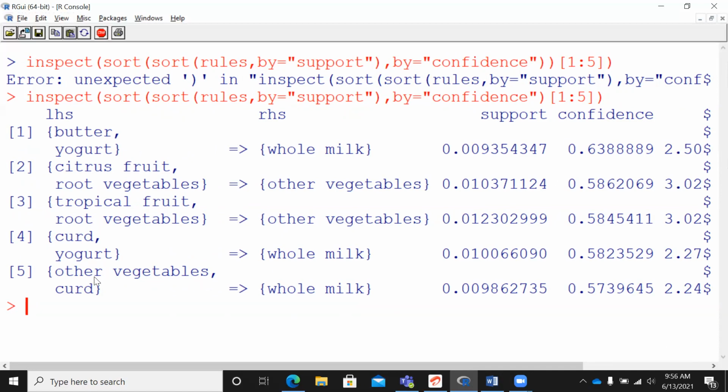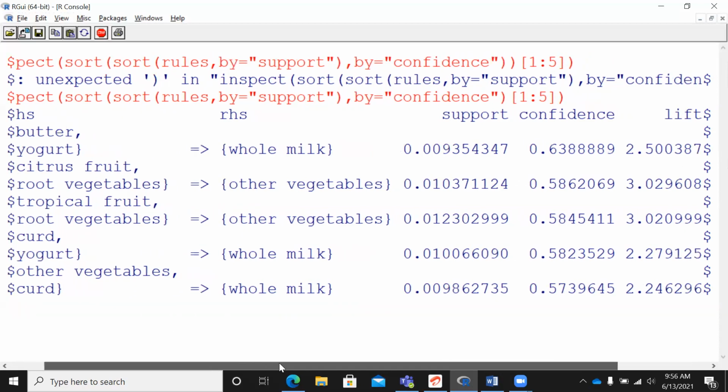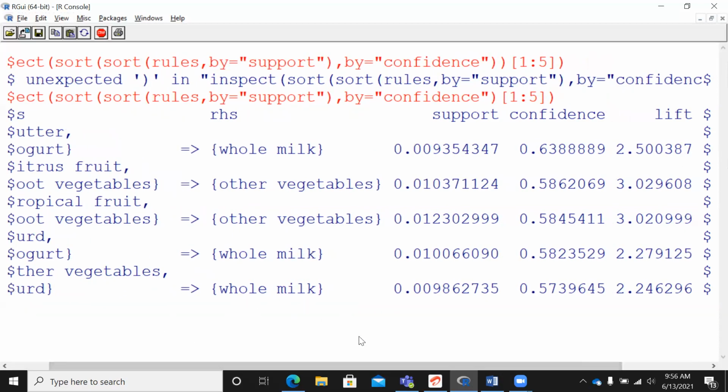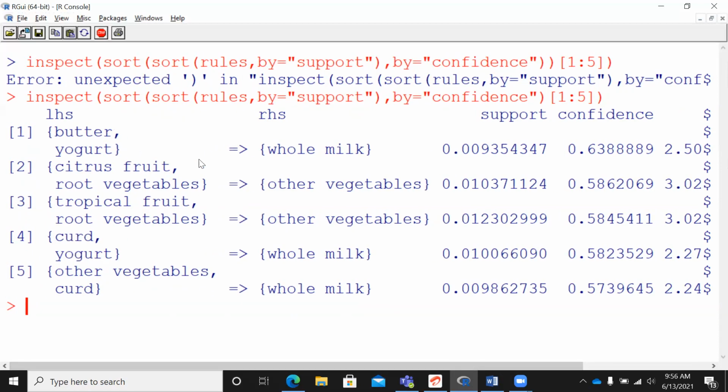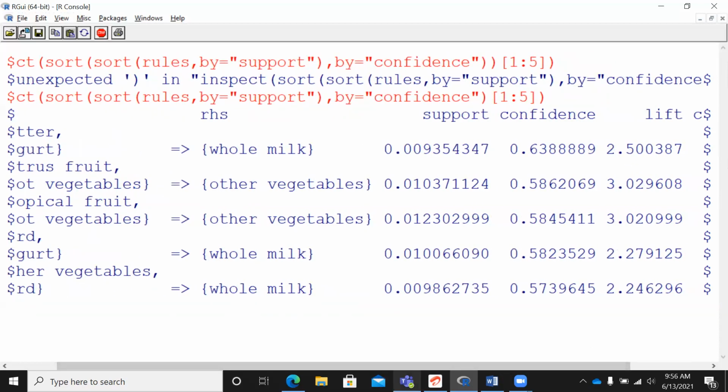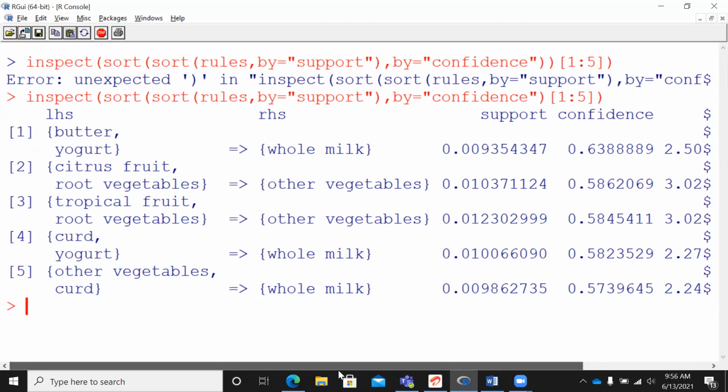Similarly, a person who buys other vegetables and curd is 2 times more likely to buy whole milk, right? Now, let's look at butter and yogurt. You can make the same argument here because the value is 2.5. A value of 2.5 means a person who buys butter and yogurt is 2.5 times more likely to buy whole milk as compared to an average customer, a random customer.